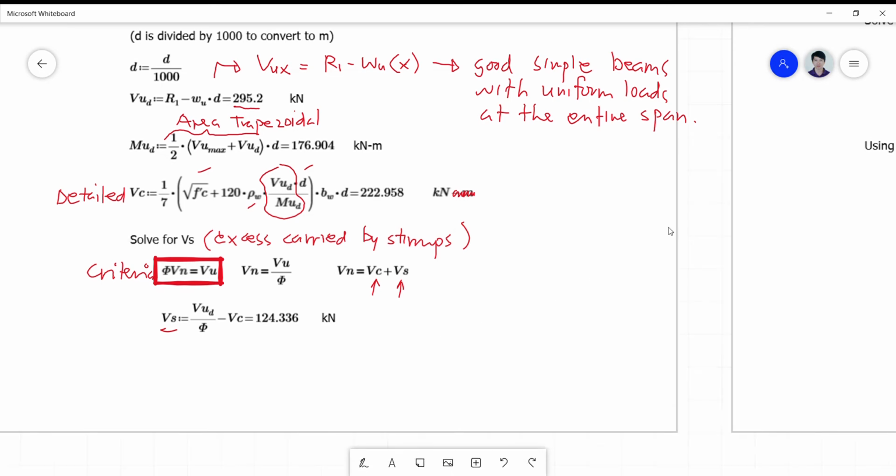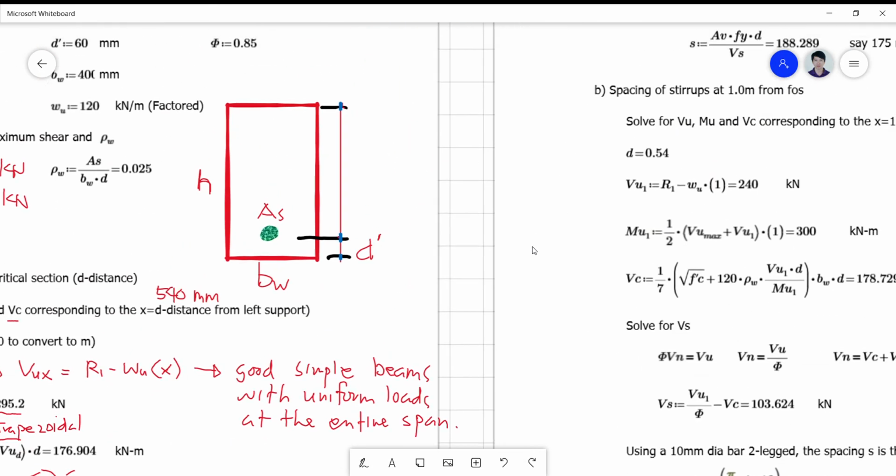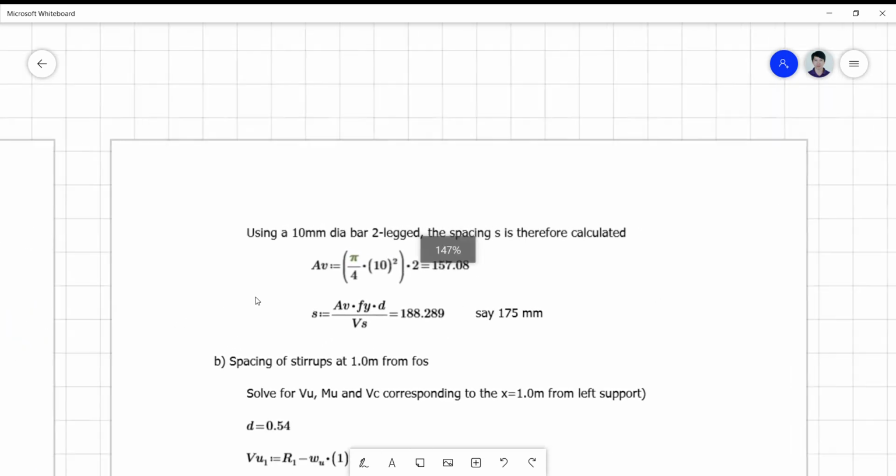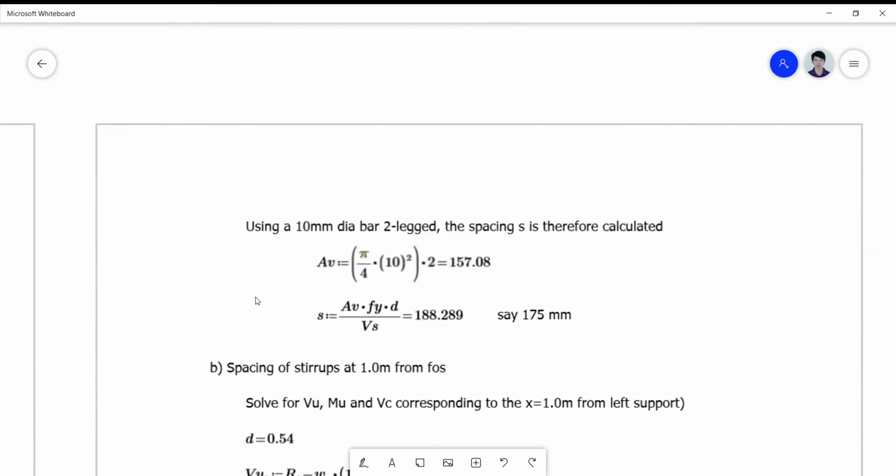So we are going now to use that Vs to solve for the spacing of the stirrup using a 10 mm diameter bar, which is a 2-leg bar. The spacing is therefore calculated on the basis of this formula.